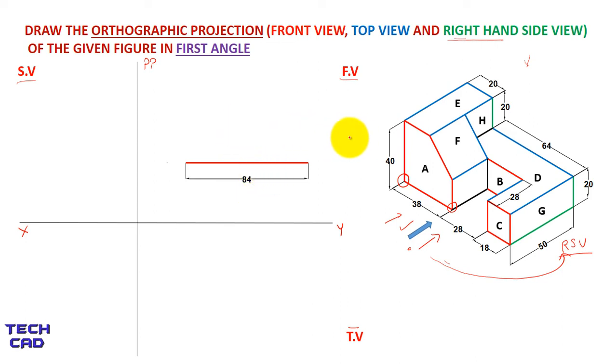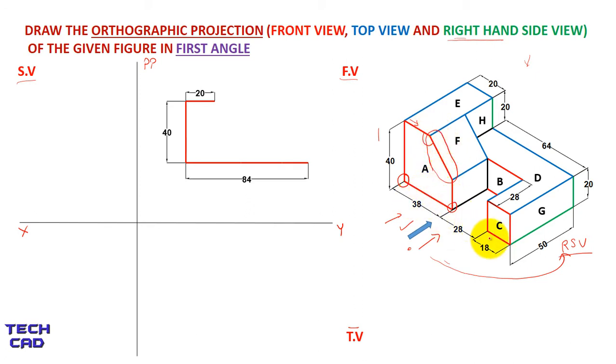After that you can start from here. See this, from this vertex I'm making this vertical line which is 40 mm, and then towards this side, this is 20 mm, so I make a 20 mm line. Now students, this inclined line I cannot make yet because I do not know the dimension of this particular line, and I also do not know the angle of this one, so I'm not going to start this line now.